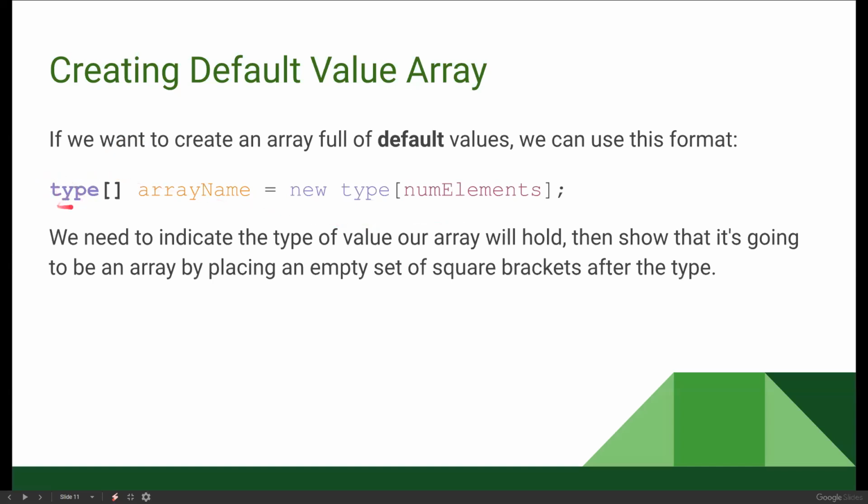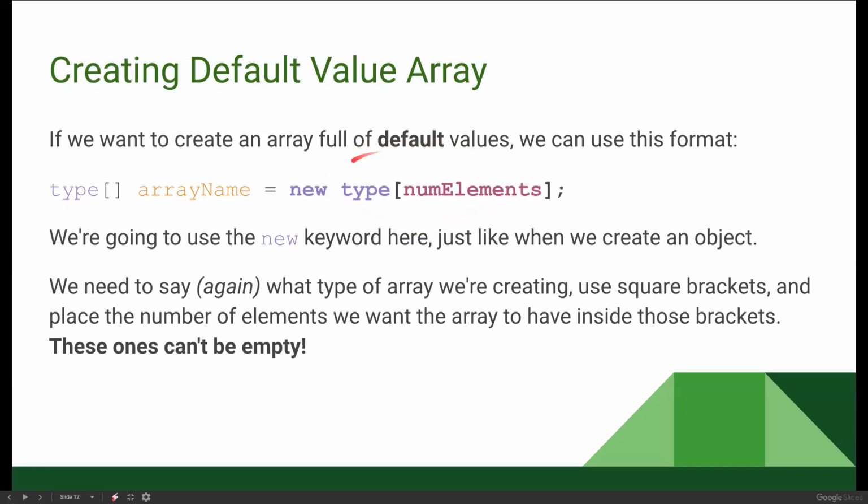So like I said before, we need to indicate the type of value our array is going to hold. And then we're showing this is an array by having that empty set of square brackets, saying this is an array of this type of elements. Clearly, we're going to have a name, any variable needs to have a name.